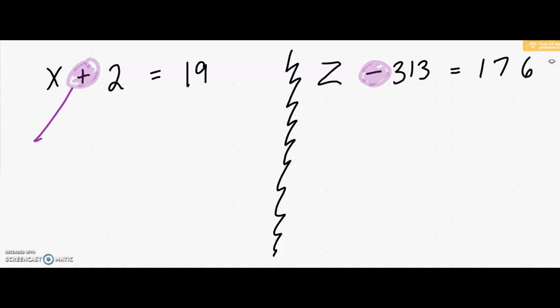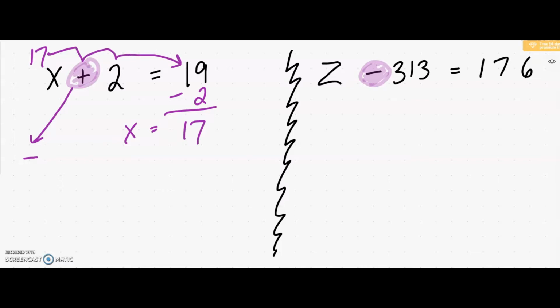The sign says to add, so I'm going to subtract. I'm going to take 19 minus 2, and that will give me the answer for x, which is 17. If I wanted to check it, I put 17 in the place of x. 17 plus 2 gives me 19, so it checks out.